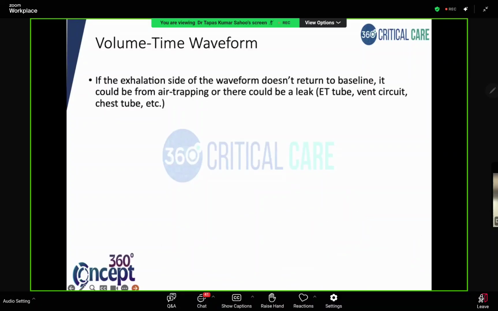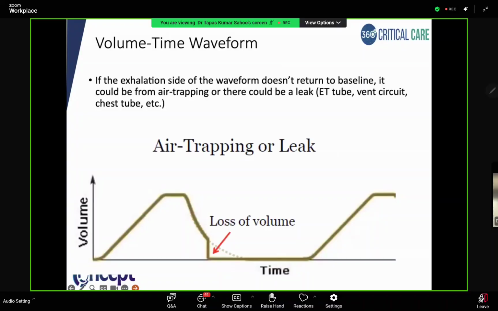Now, if the expiratory side of the waveform doesn't return to the baseline, it could be from air trapping or from a leak, like an endotracheal tube leak, cuff leak, ventilator circuit leak, or, if there is a chest drain, some leak happening in the chest drain.